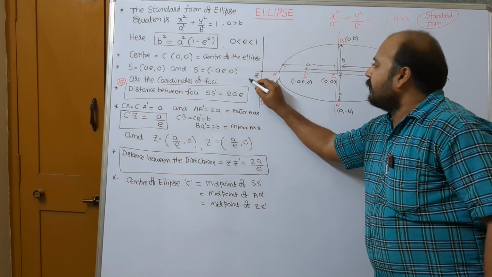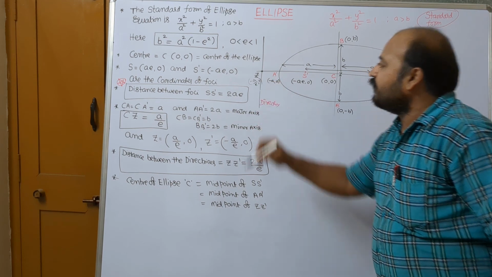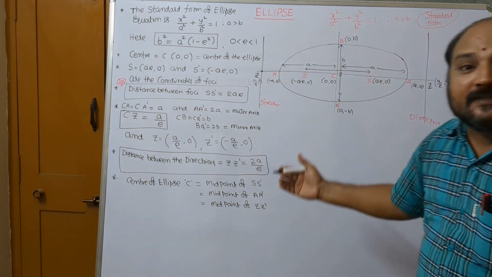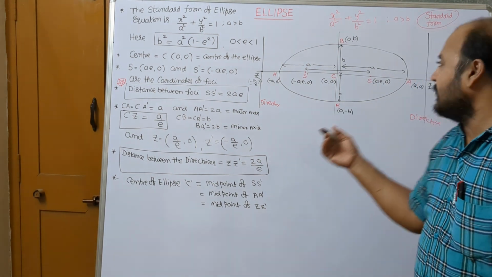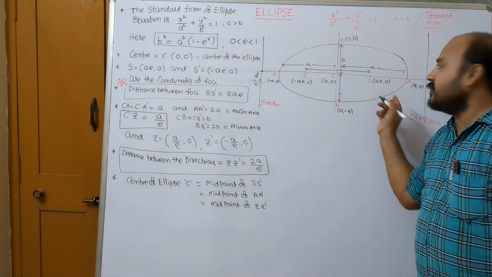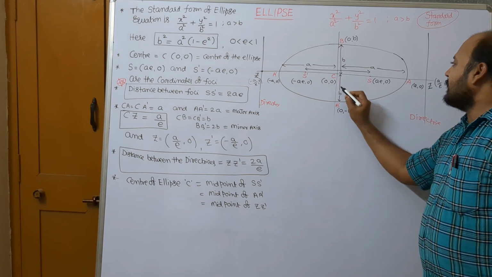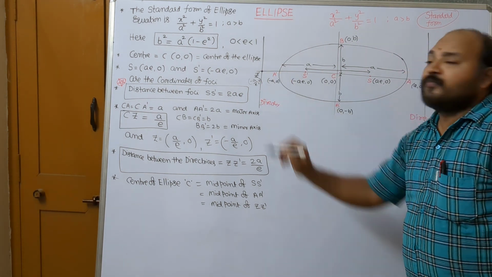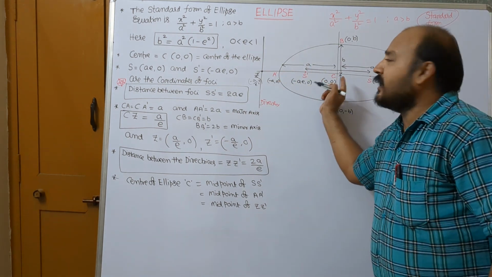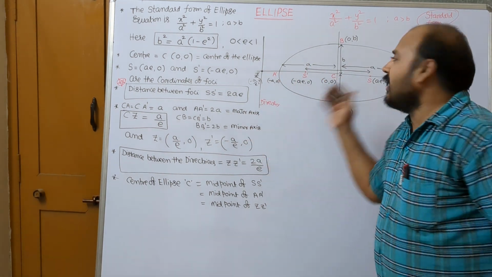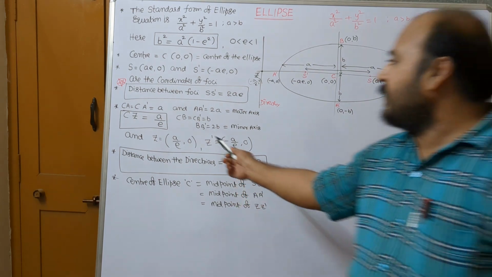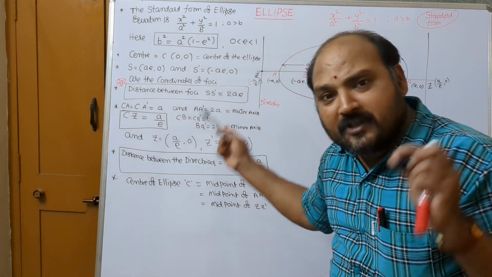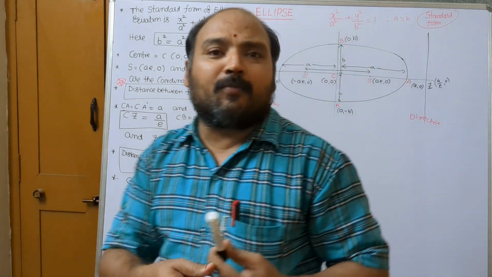On the left side, minus a by e comma 0. So from center to directrix, the distance is a by e. CZ dash is minus a by e. But when you consider a by e plus a by e, the distance between directrices ZZ dash is equal to 2a by e. Even this formula is very important, students.